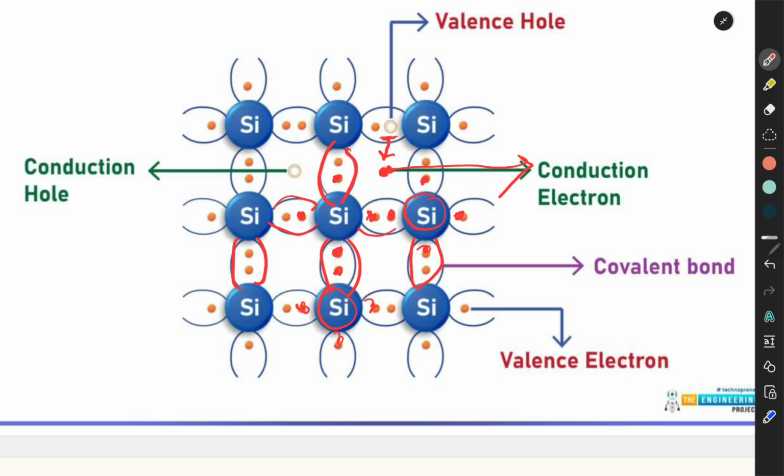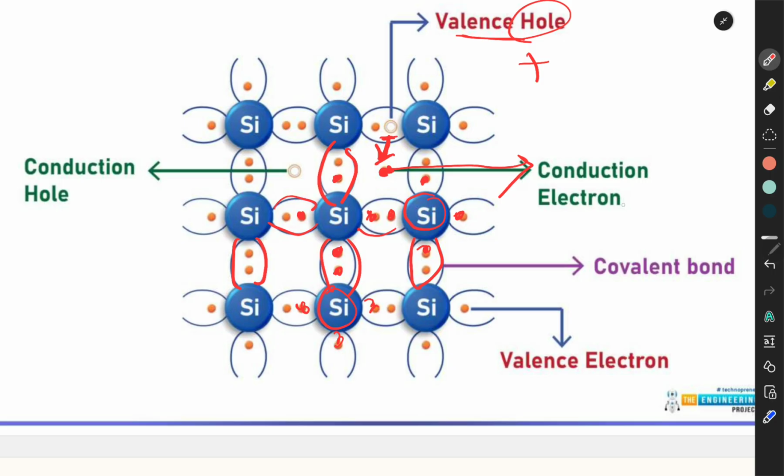Because this electron departed from here, a vacancy is created here. That vacancy is known as a hole, a valence hole, and the hole will have a positive charge.